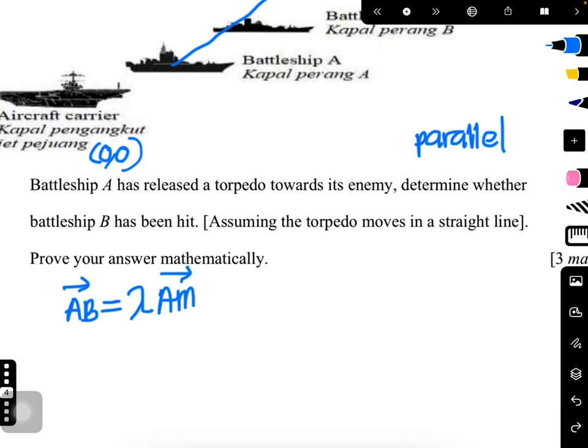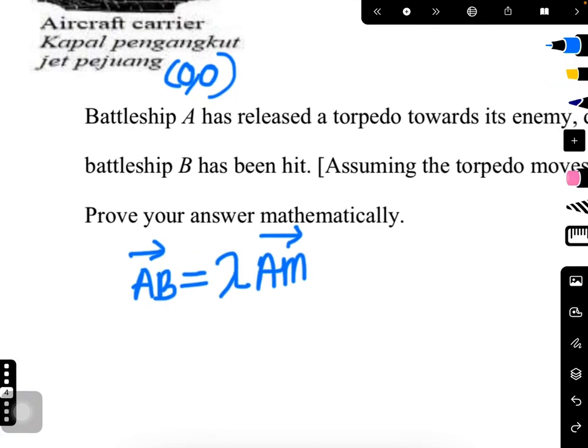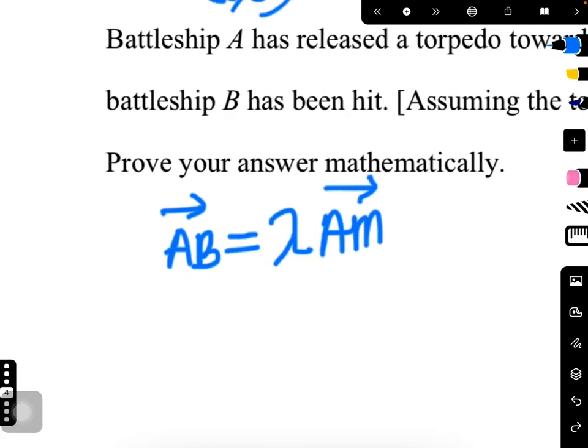What is AB? I change it into a column vector to make it easier for us to find the answer.